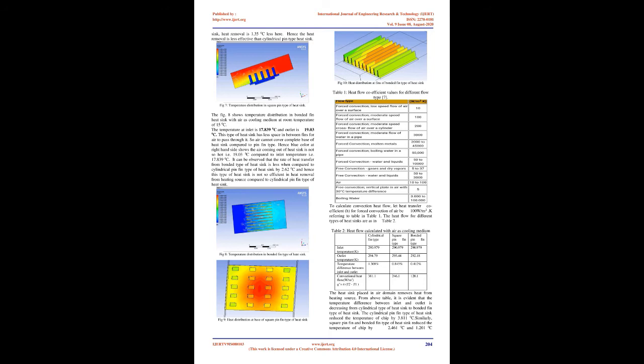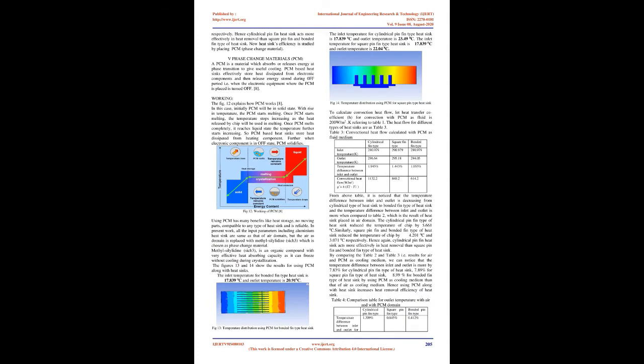To calculate convection heat flow, let the heat transfer coefficient, H, for forced convection of air be 100 W/m2.K, referring to the table in Table 1. The heat flow for different types of heatsinks is as in Table 2. The heatsink placed in the air domain removes heat from the heating source. From the above table, it is evident that the temperature difference between inlet and outlet is decreasing from the cylindrical type of heatsink to the bonded fin type of heatsink.